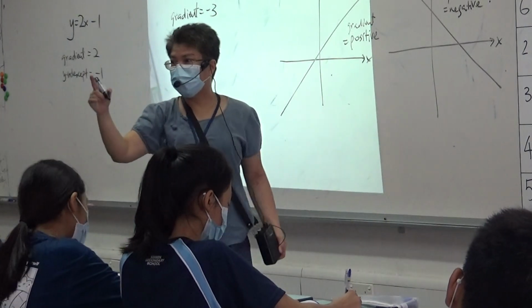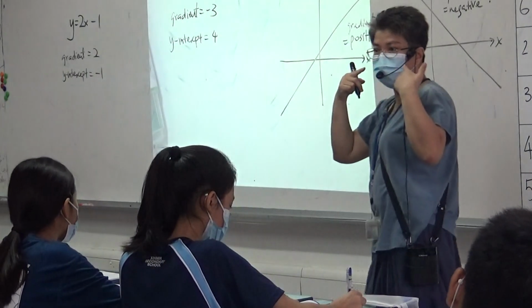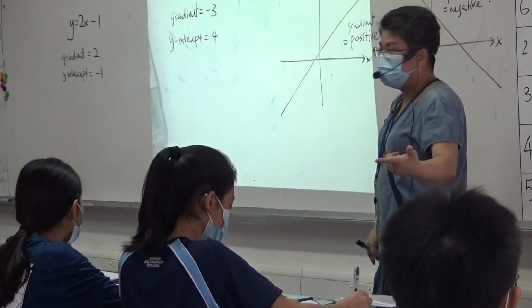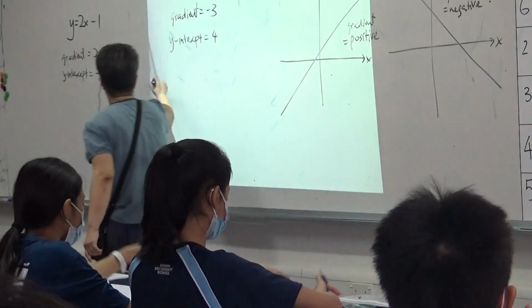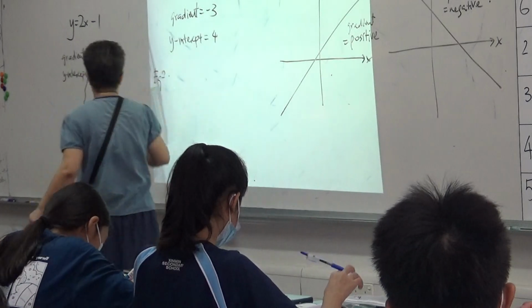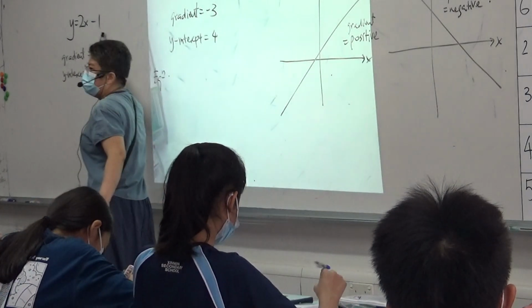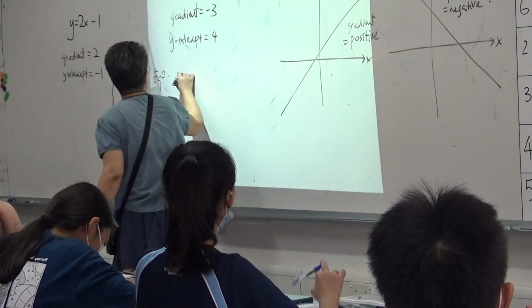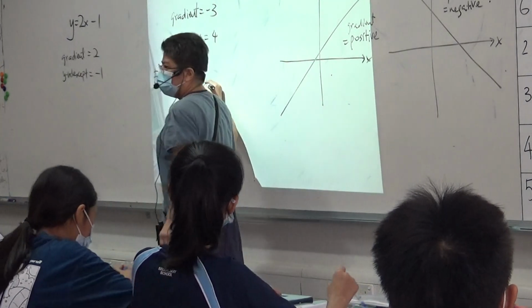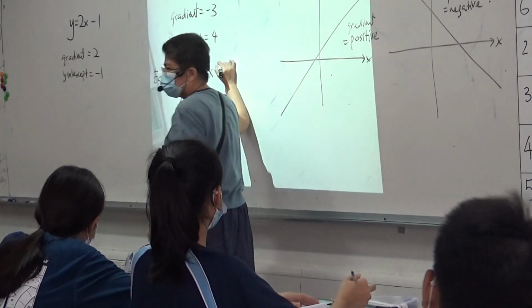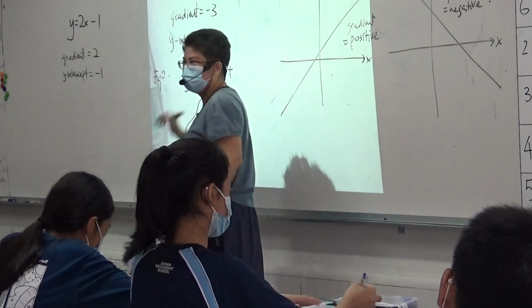The question says 4. I say example 2. So they give you this. Now they want you to write down the equation. That means write down this form. I will have y equals negative 3x plus 4. Can you see it?